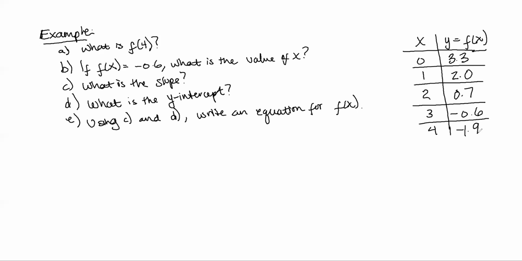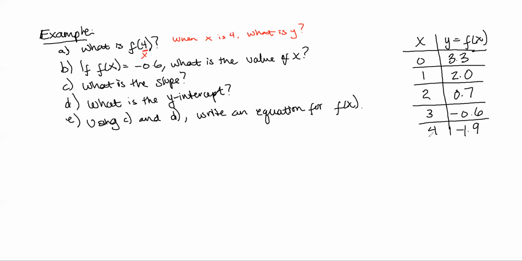Now, if we go through these different questions here, the first one says, what is f of 4? That 4 is our x value. So this is saying when x is 4, what is our y? So for that one, you're going to want to go to the chart, find when x is equal to 4, and see what the y value is.